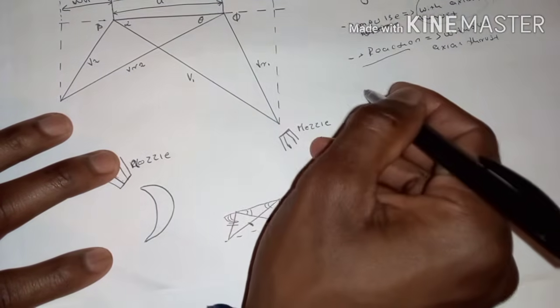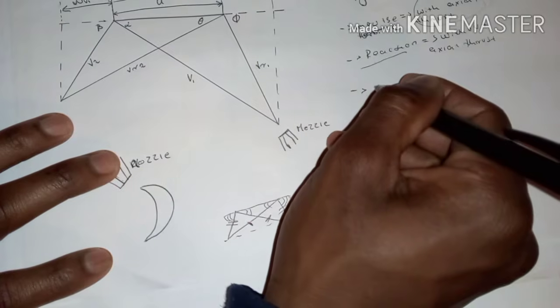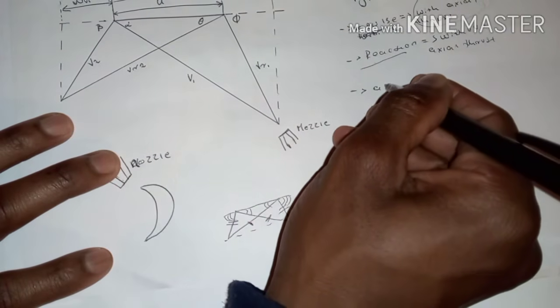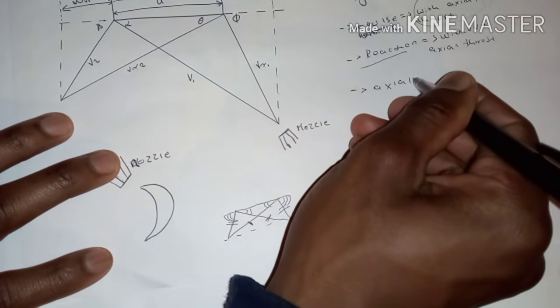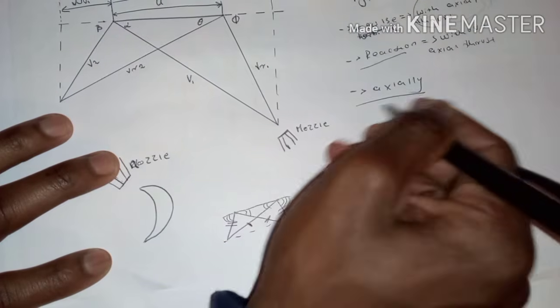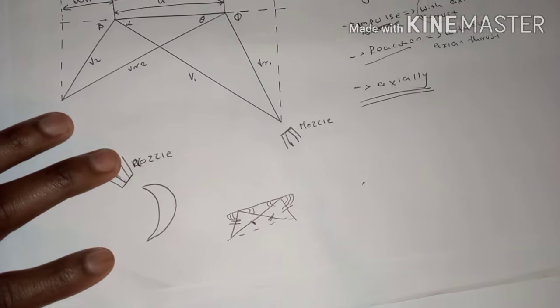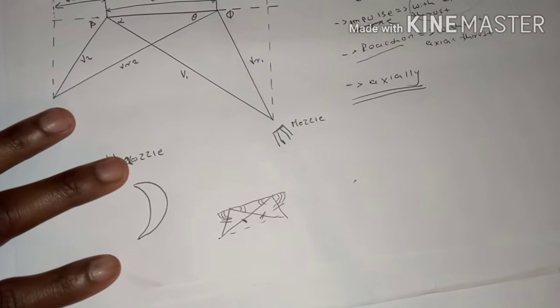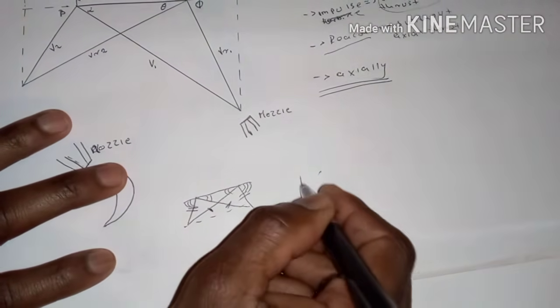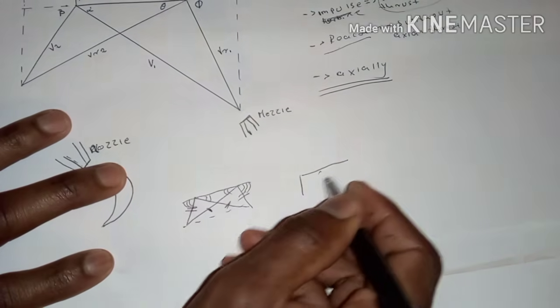And then we have the last one, which is the one that discharges axially. Whenever you are told about a velocity diagram that discharges axially, we are going to have something like this.